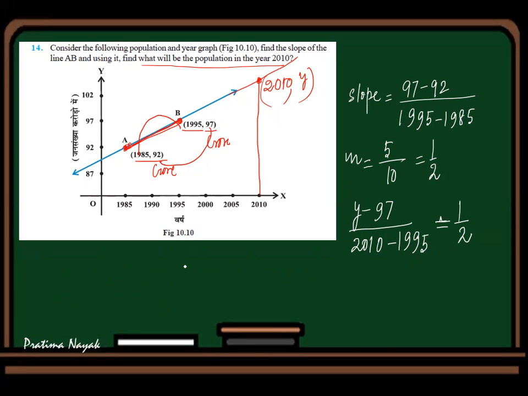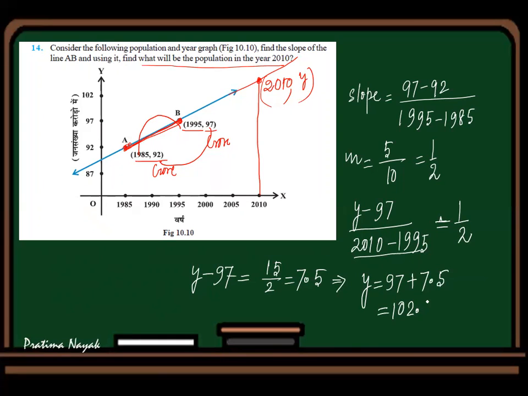So now twice, or y minus 97 is equal to, this gives you 15. 15 by 2 is how much? It will be 7.5. So y is equal to 97 plus 7.5. This gives you 102.5 crores.